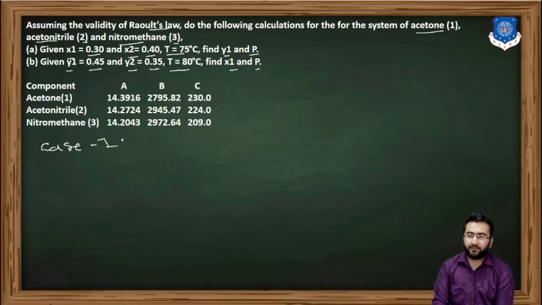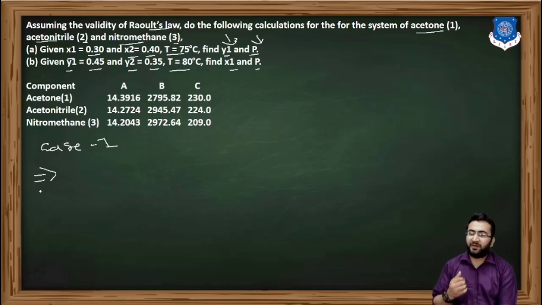For case 1, if we are going to find the value of y1 and P, first we have to generate the Antoine equation. As discussed in the previous lecture, in some examples Antoine equations are not given.